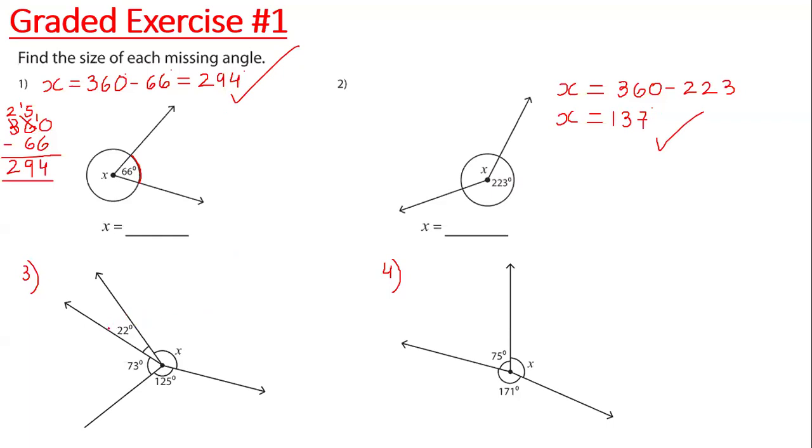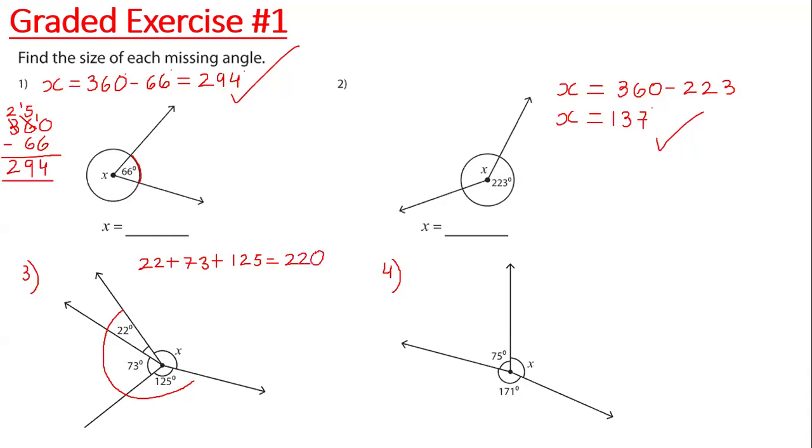Yeah, add all up. So we have 22 plus 73 plus 125. When you add them together, that gives you 220.